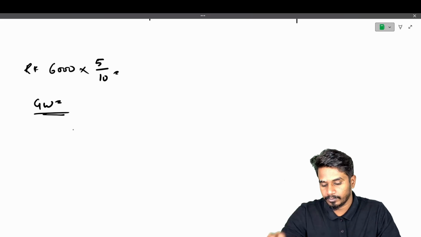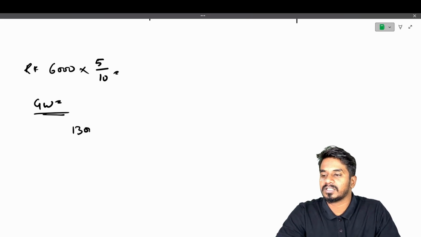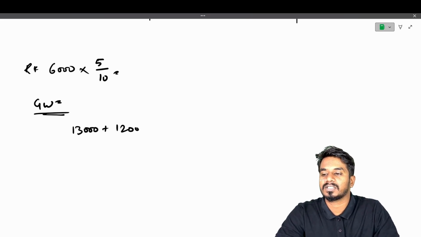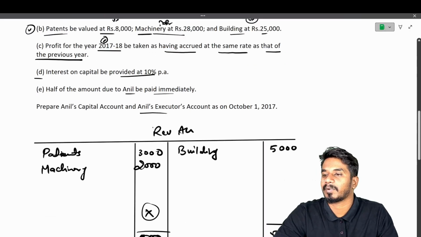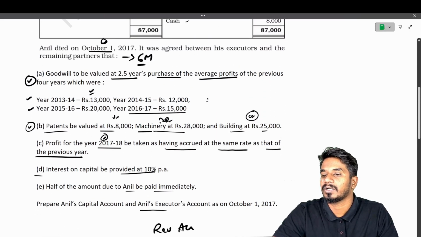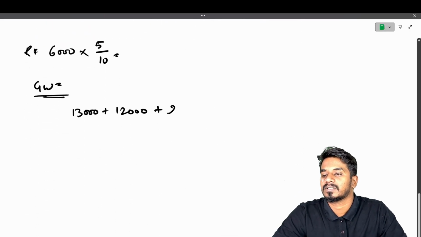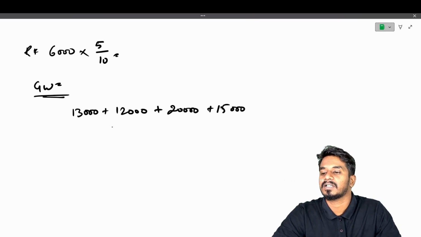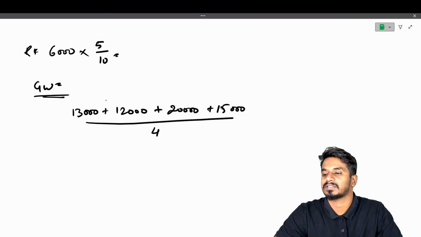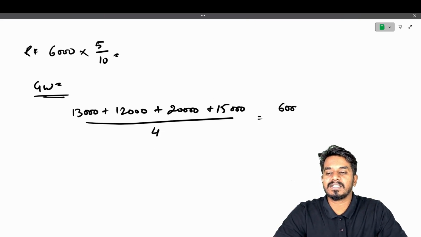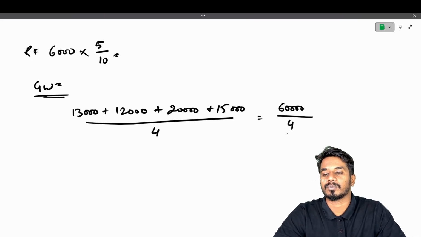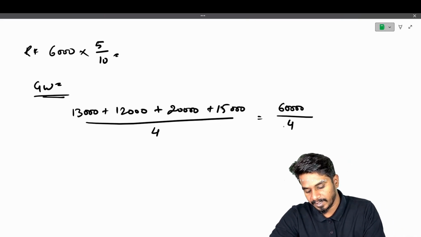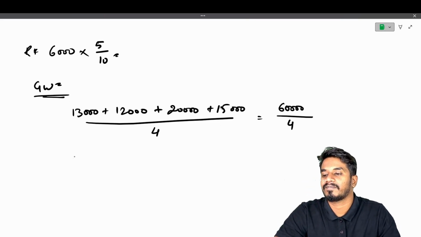The 4 years profit was 13,000, 12,000, 20,000 plus 15,000, divided by the number of years for the average. How many numbers are there? 4. Correct. So it has 60,000 rupees total divided by 4. If you divide by 4, you'll get 15,000.